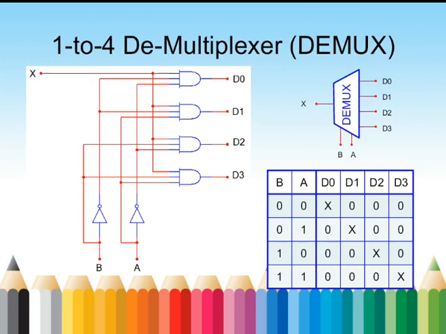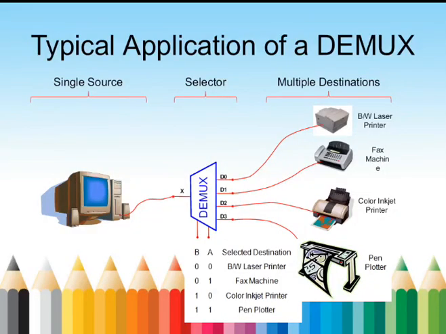This demultiplexer can also be used for digital communication in a reception system. Consider a 1 to 4 demultiplexer. The input is connected to a CPU, and there are different outputs here: a black and white printer, a fax machine, a color inkjet printer, and a pen plotter.